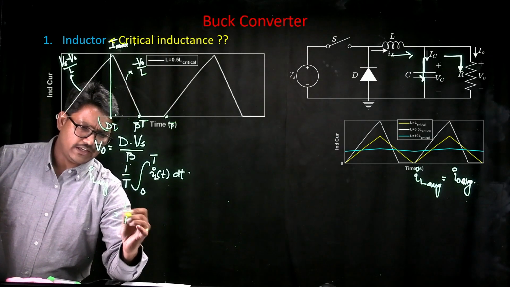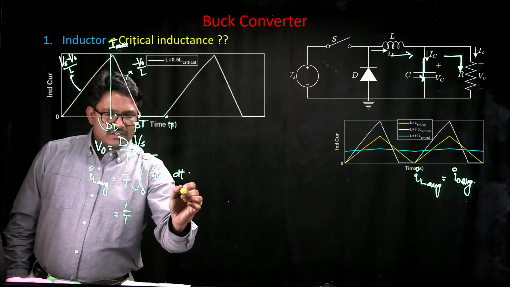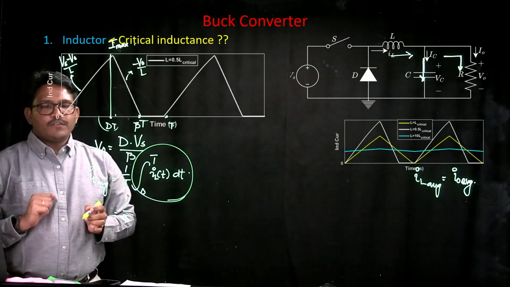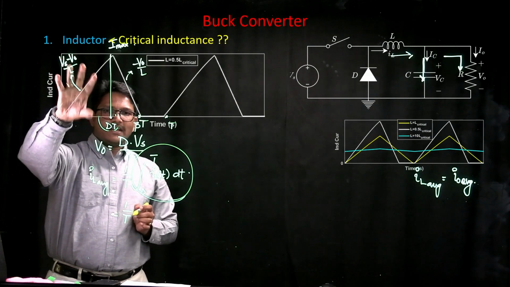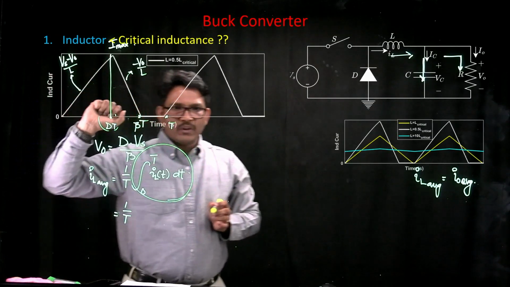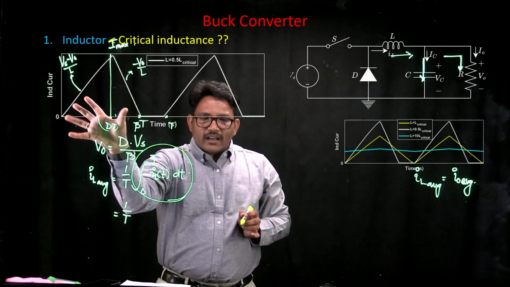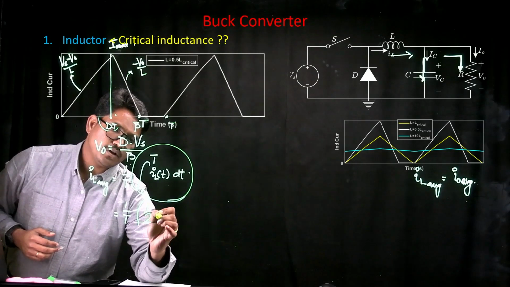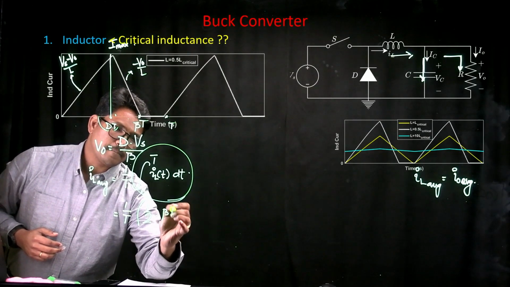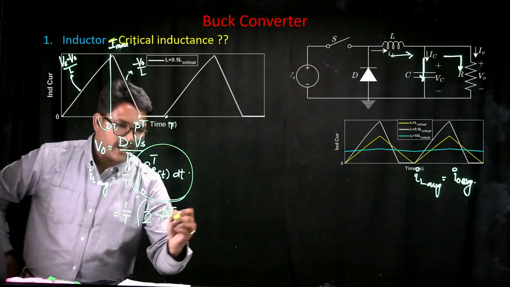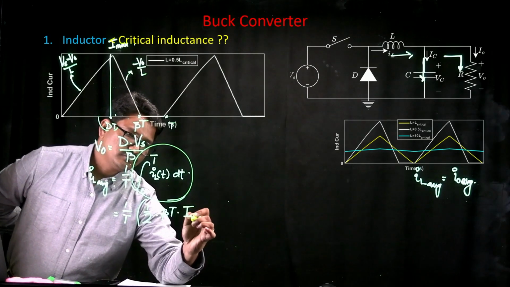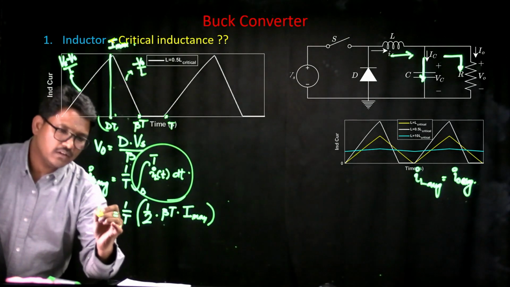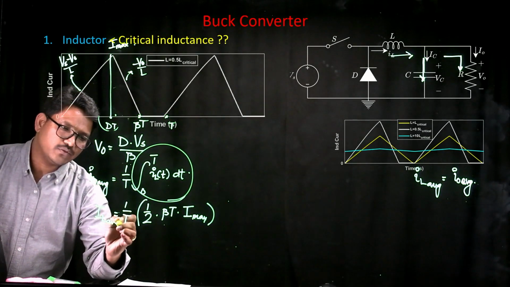Average is basically the area under the inductor current, divided by T. The area under that inductor current is perfectly a triangle. You know the base of the triangle, and you know the height of the triangle. You can simply use half, base is beta T, height is I max. This is the expression for IL average value.